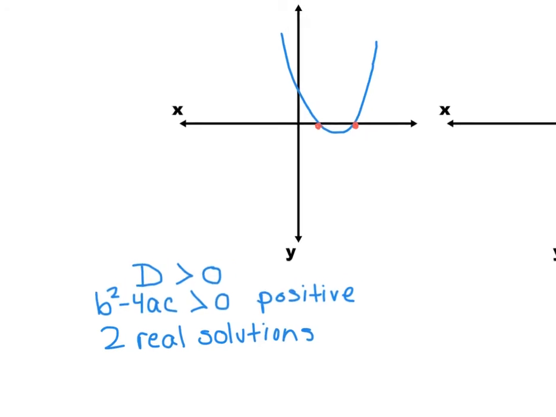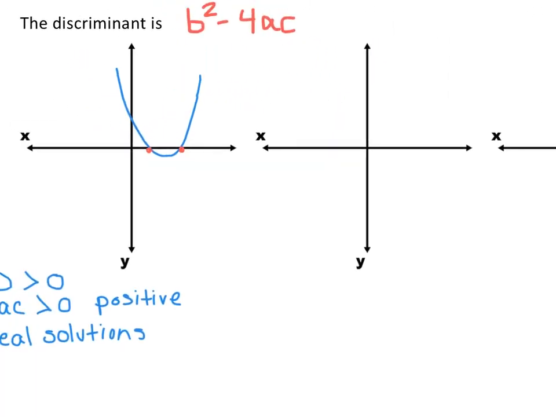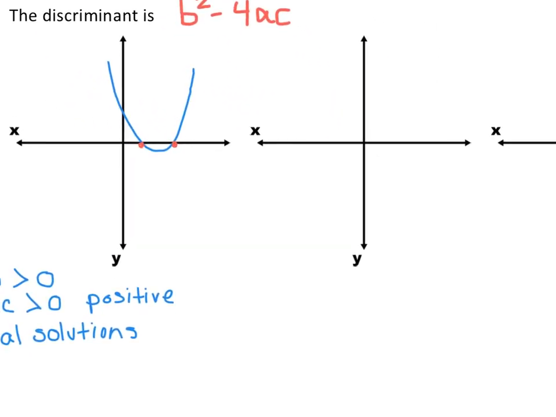Okay, the next scenario would be if the discriminant equals 0. So if D exactly equals 0, or b squared minus 4ac equals 0, then we don't have anything to plus or minus in that formula.